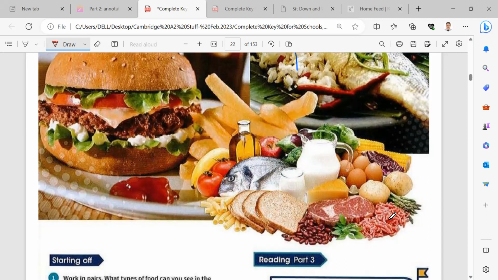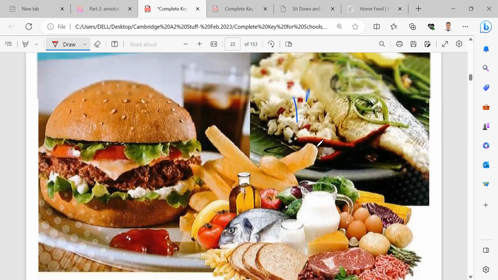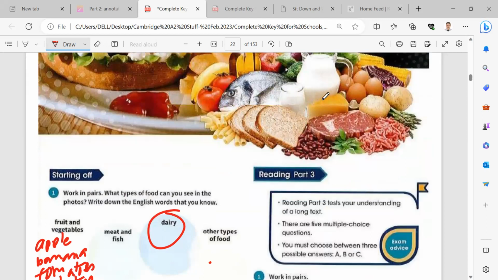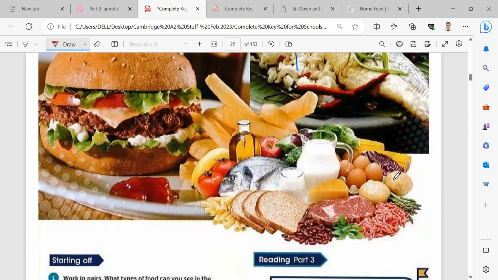Are they the same types of fish or different types? Different types. Oil. Yes, olive oil. Okay. And some rice, and rice, some rice, eggs. Okay. Meat, you can say beef, different types of meat.